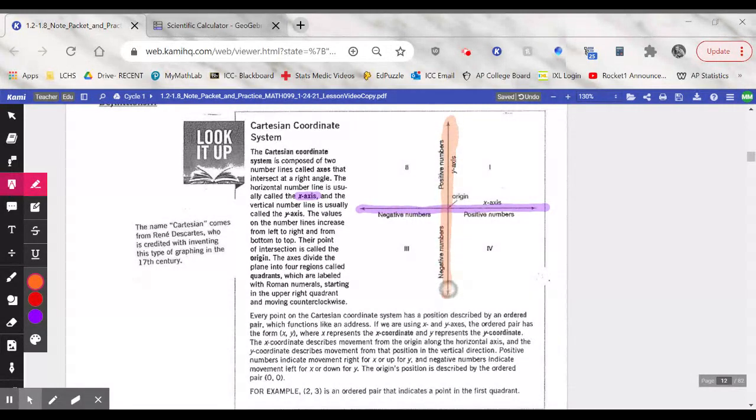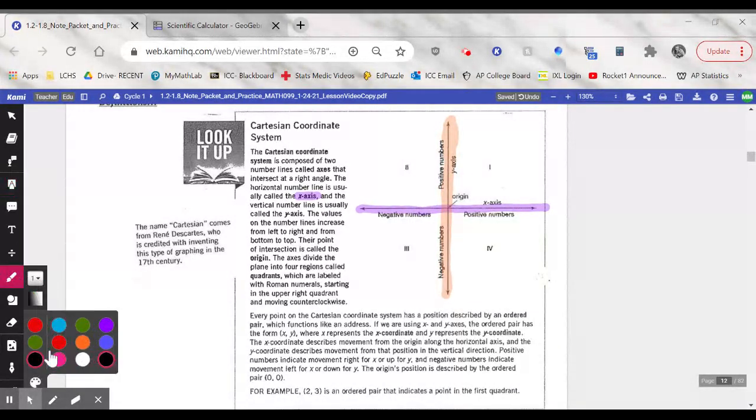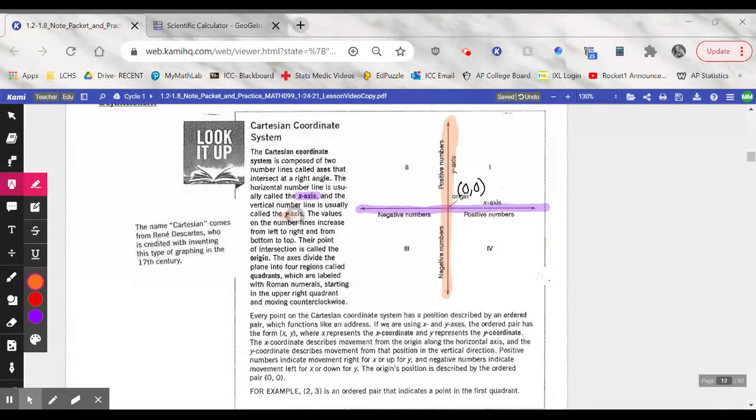The place that they intersect is called the origin, and the origin has the coordinates 0, 0. So the place where we saw the origin, that was at 0, 0. And that's the place where they intersect or they connect.